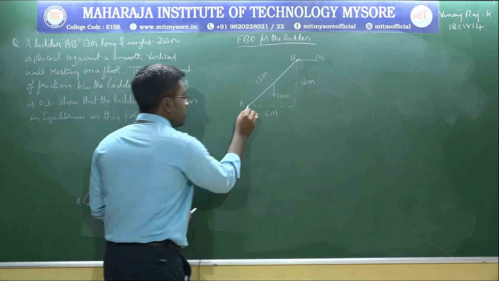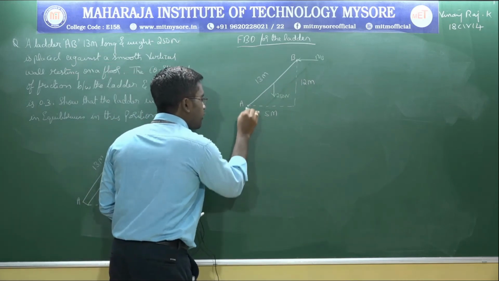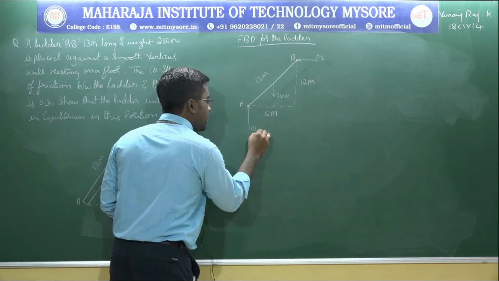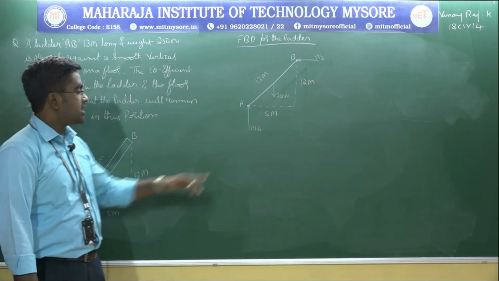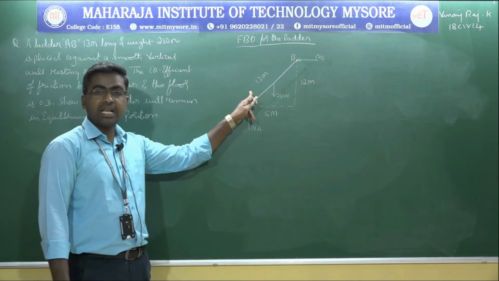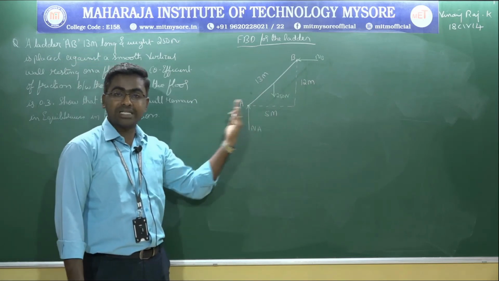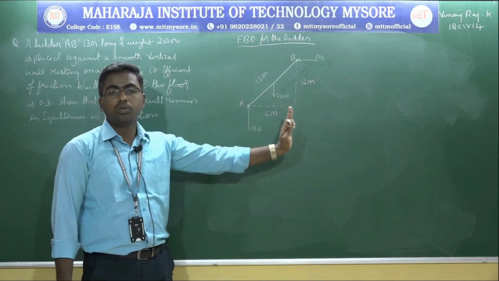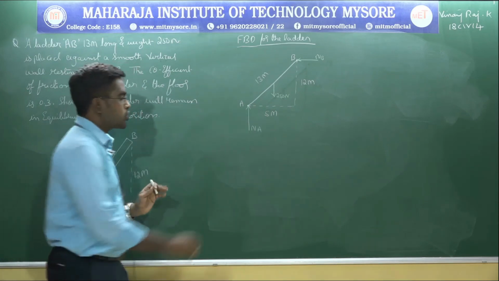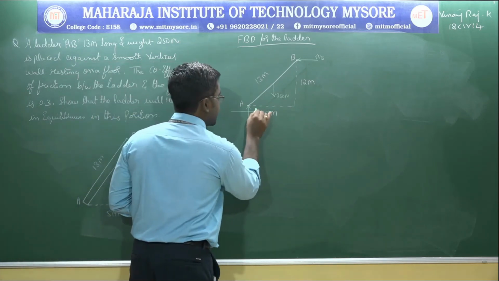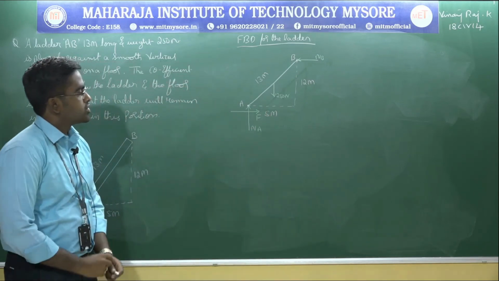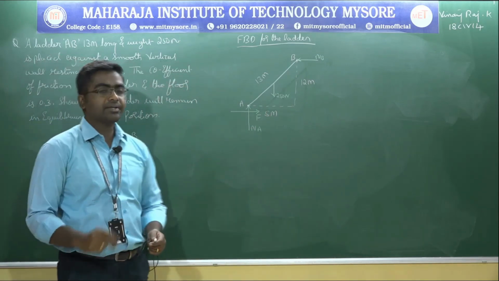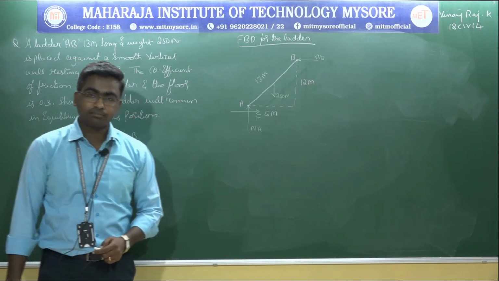There will be one more normal reaction from the floor onto the ladder, and let me call it NA. And there is a friction between the floor and the ladder. The ladder tends to slide towards left, so friction will be opposite to the impending motion. So this will be the friction, that is F, right?